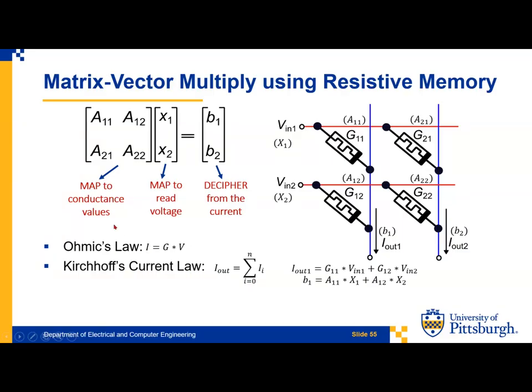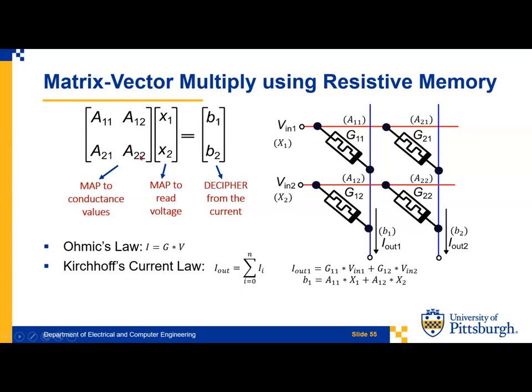Here, at the right hand side is the circuit layout, with 4 resistances on it, and we map the matrix A to conductance values. We program the resistance, change its state, to the conductance value.